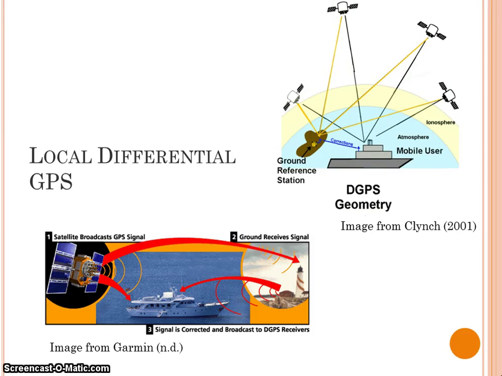Local differential GPS is the process whereby a GPS receiver stationed at a fixed point of known location is used to derive errors that influence GPS accuracy. These errors are then applied to estimates of location to improve accuracy of GPS positions at unknown locations.